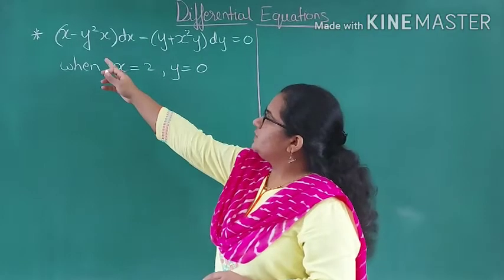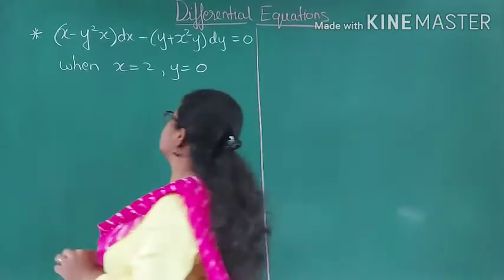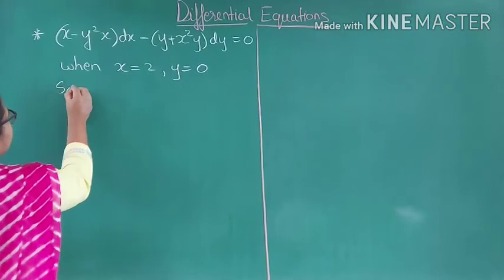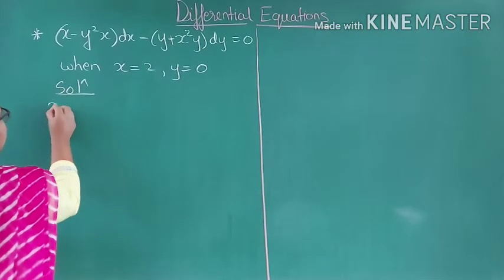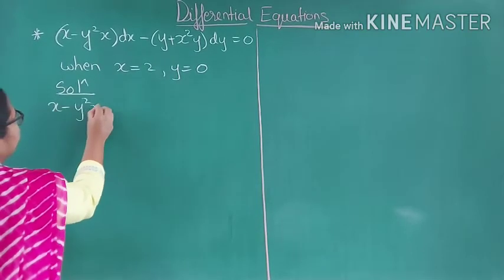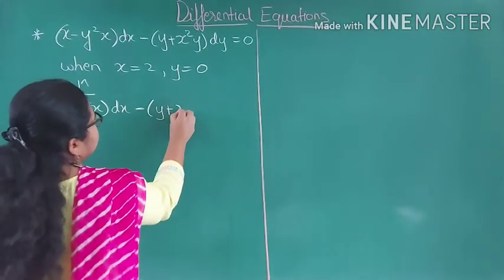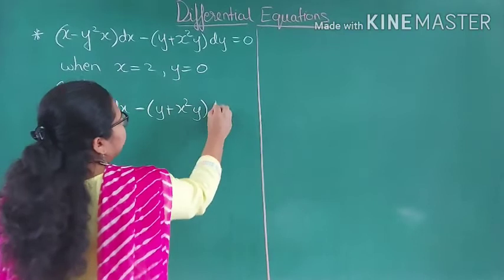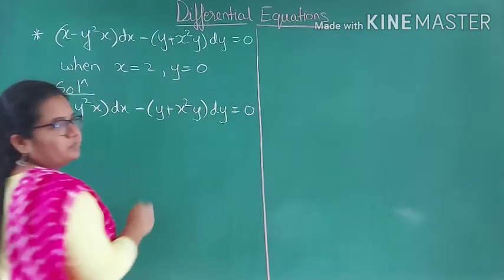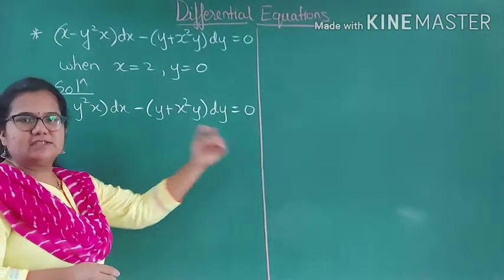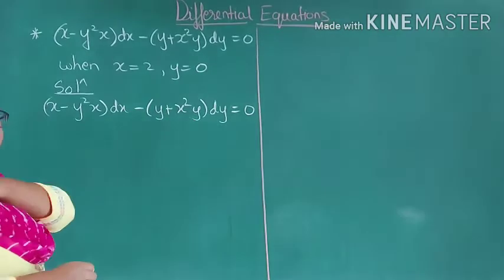So the given differential equation is (x minus y square into x). So let us take the differential equation (x minus y square x) into dx minus (y plus x square y) into dy is equal to 0. First we will take this term on the other side. It is minus, automatically it will become plus.